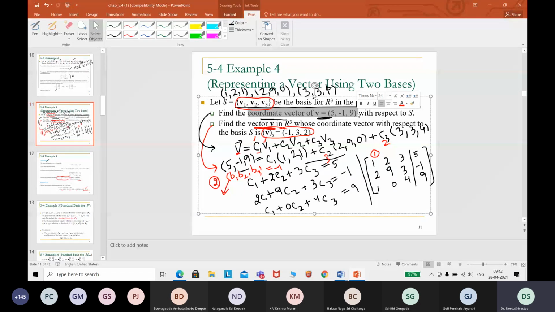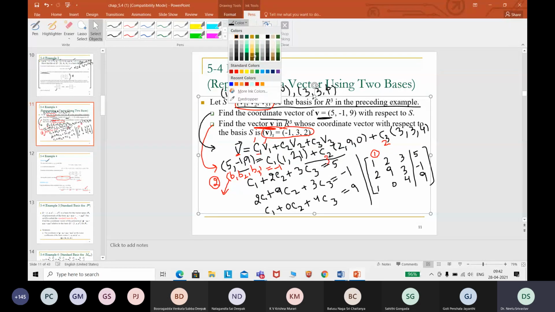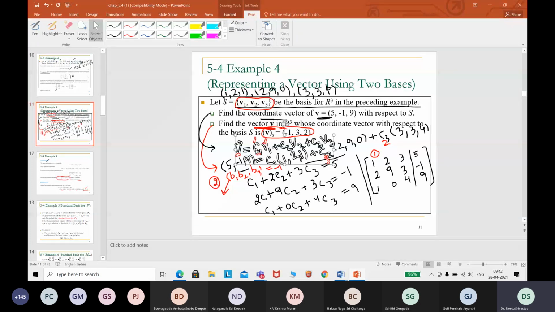We need to find C1, C2, C3 as coefficients.